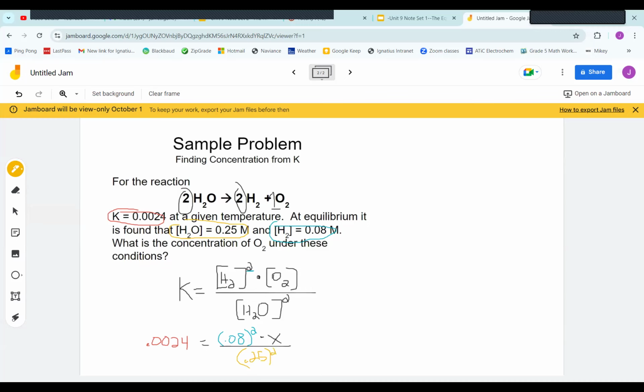Time to pull out the calculator. We're going to take 0.0024 times 0.25 squared, and then divide that result by 0.08 squared. So my math that I type into the calculator is going to look like this.